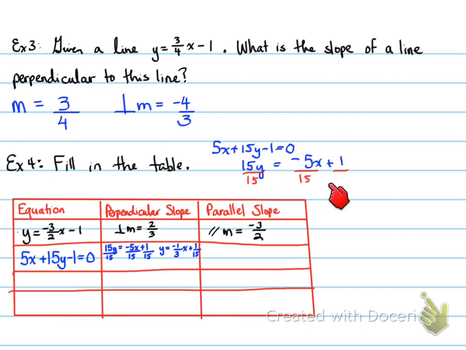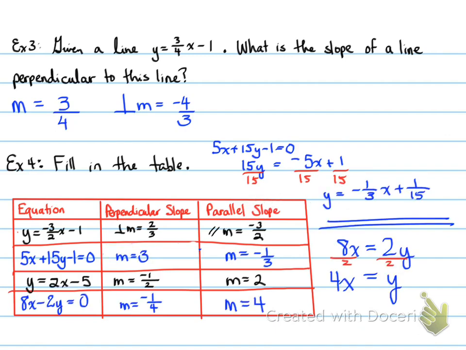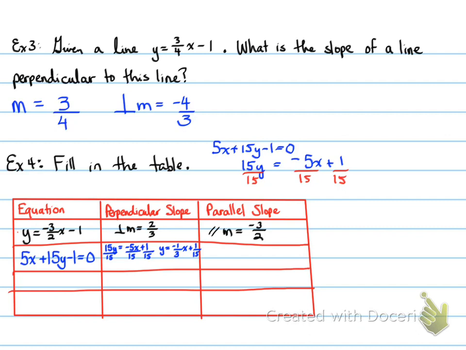Divide each piece by 15, and we have 15y over 15 equals negative 5x over 15 plus 1/15. We simplify to get y equals negative 1/3 x plus 1/15.